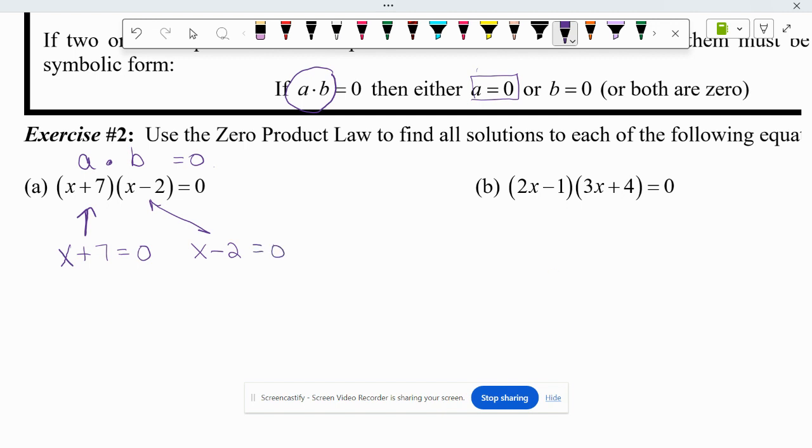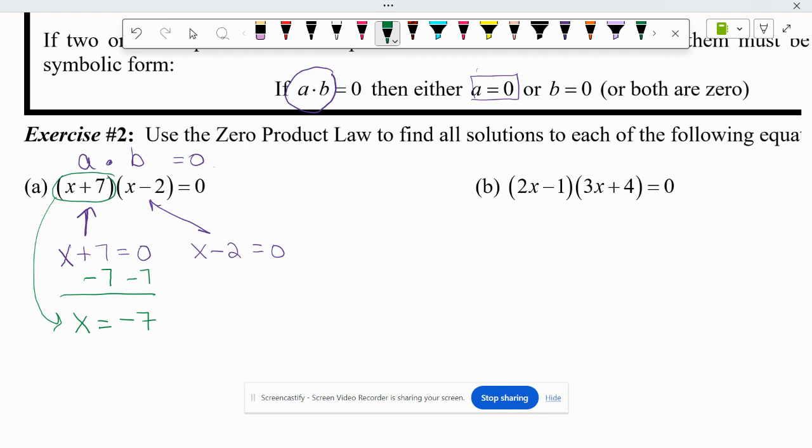Well, these are the factors, right? And I told you that the factors and the roots have the opposite sign, and here's why. It's because of the zero product property. If I want to solve for x, I have to subtract 7 from both sides. And that tells me that x equals negative 7. So the factor x plus 7 creates the root x equals negative 7. You guys have been doing that since Monday.